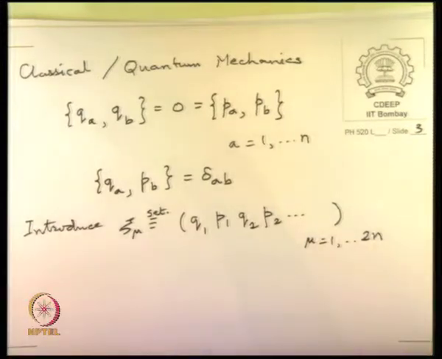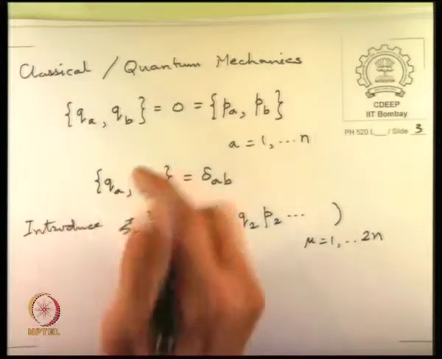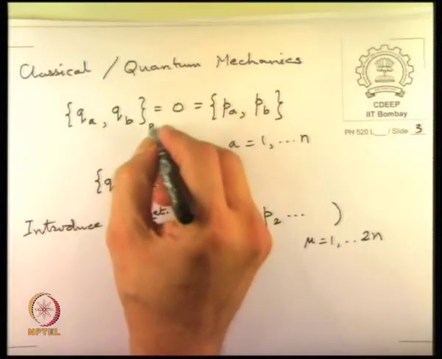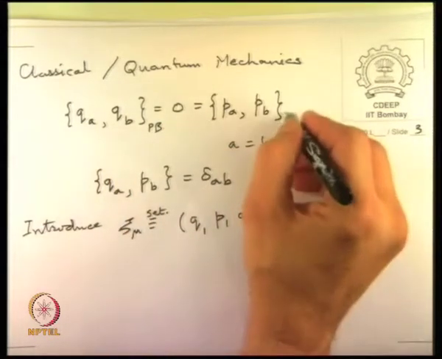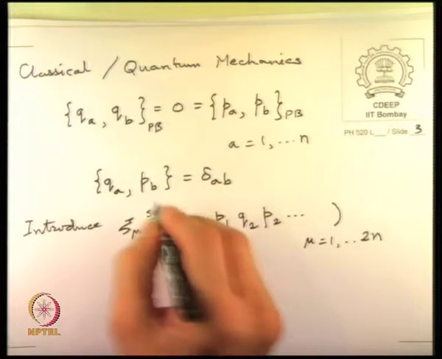So make these the new coordinates, Q1, P1, Q2, P2. Then essentially these Poisson brackets, so maybe I put here this for clarity, because curly brackets are used by a lot of people.